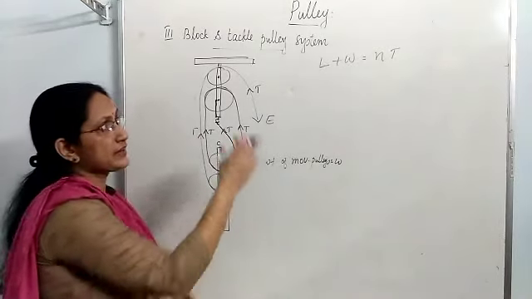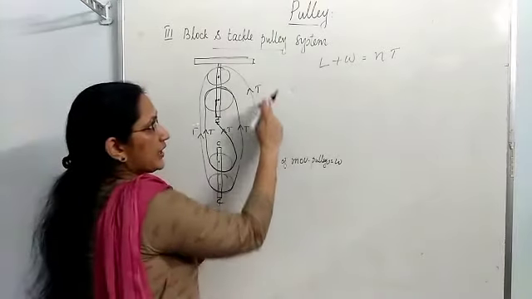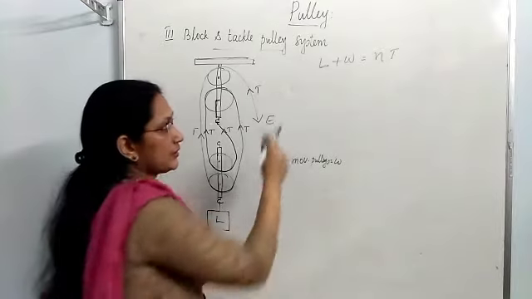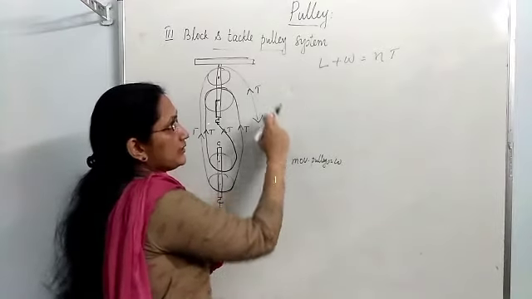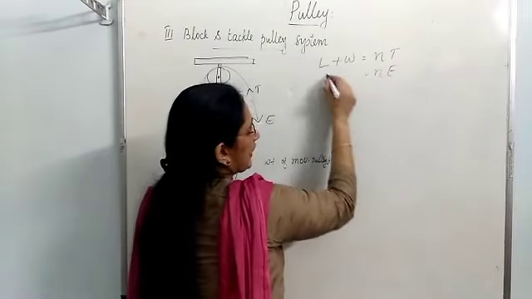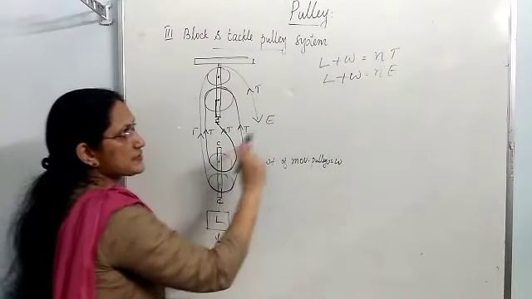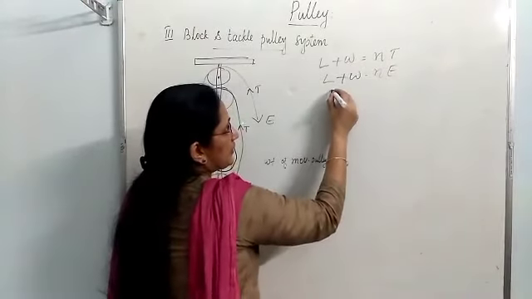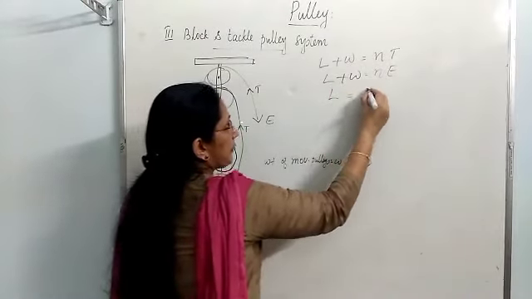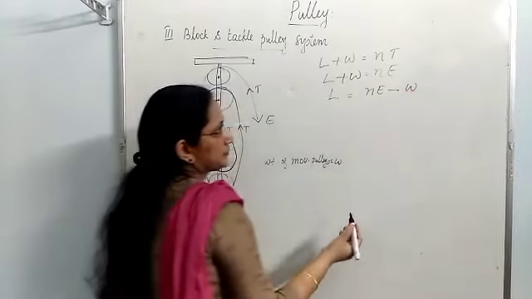If n pulleys are there, L plus W is equal to n into T. And you know T and E are equal. At equilibrium, E and T are equal. So it can be written as n into E. L plus W, load lifted plus weight of these pulleys, is equal to n into E. Then L is equal to nE minus W.